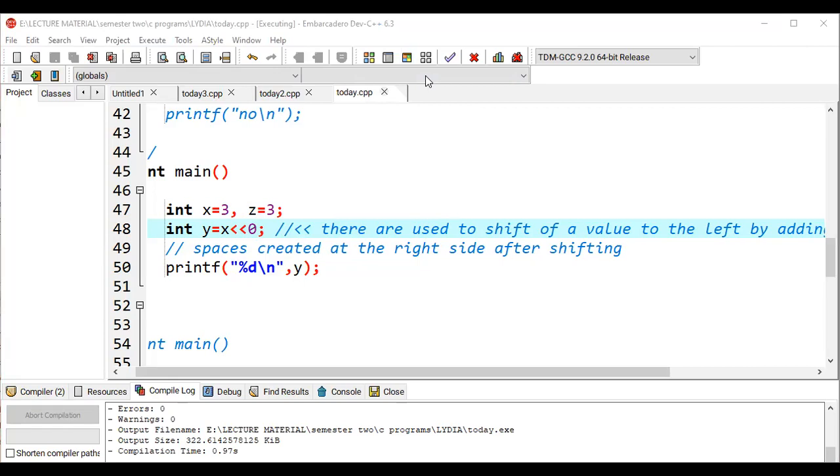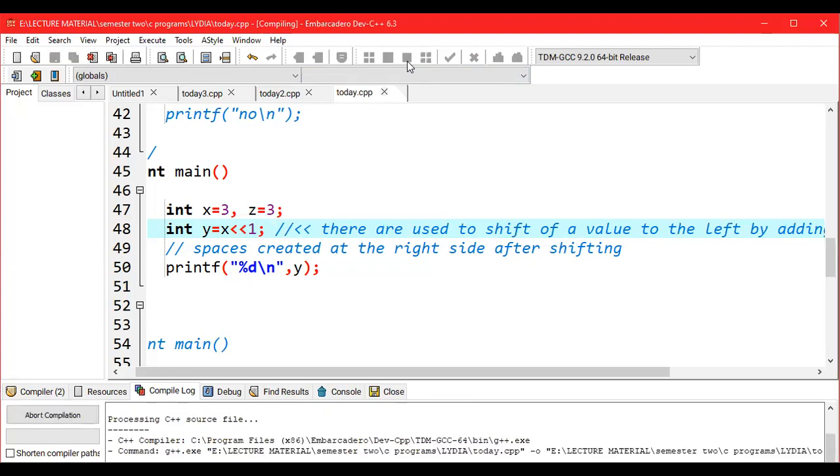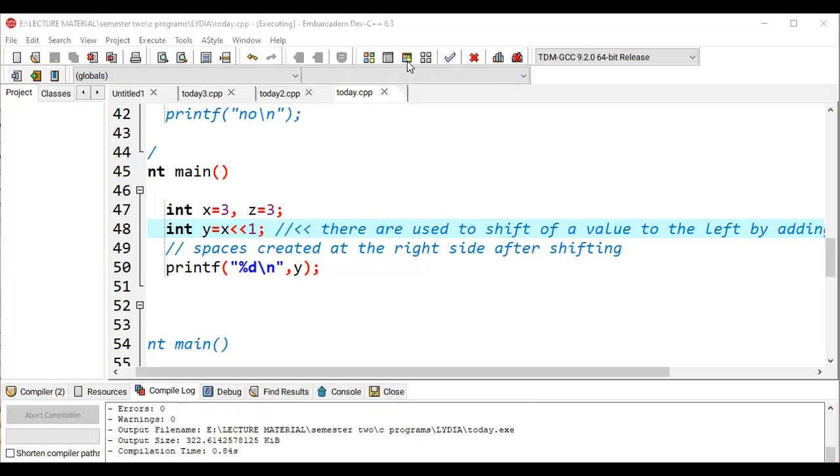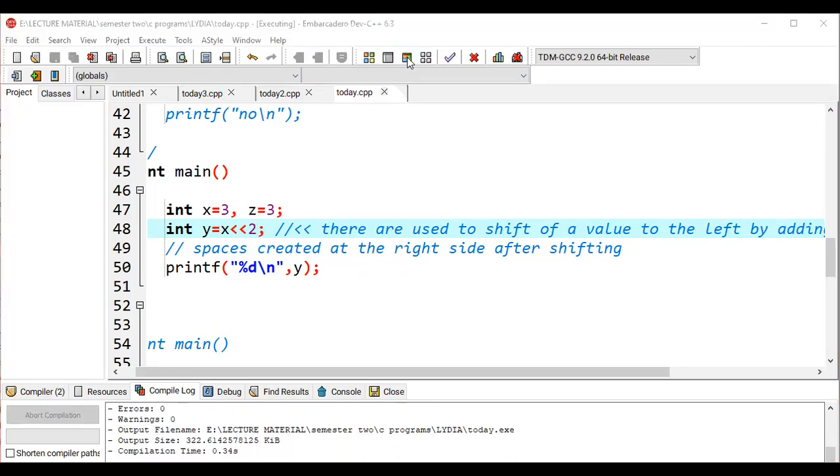If you put a 1, it becomes 6. If you put a 2, it must become 12, so they are applying something like adding.